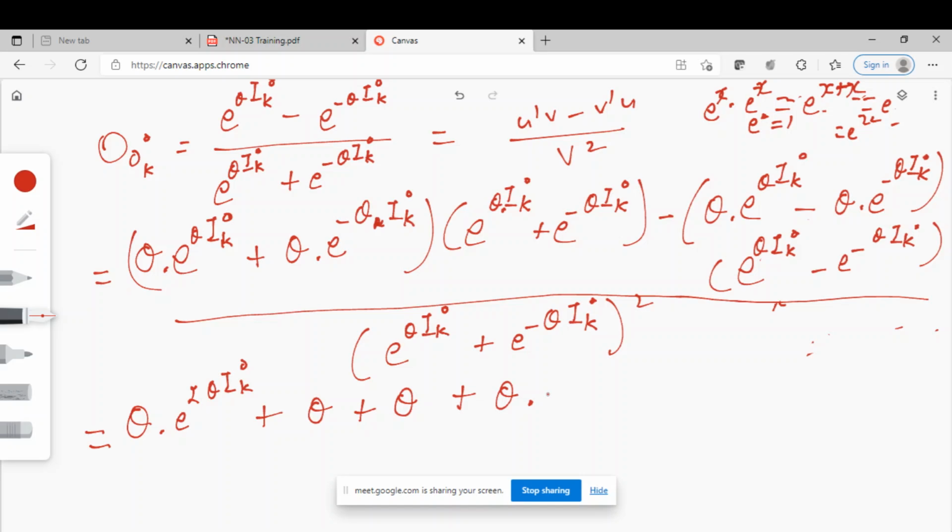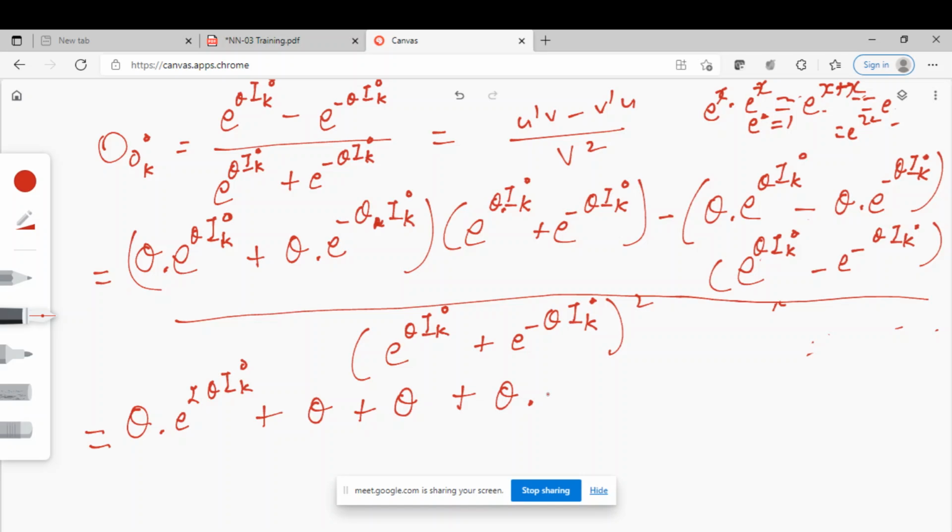Then the denominator part will be the same, so I'm not writing that. Now here you can see some of the terms will cancel out. This and this will cancel, right? This also will cancel out. Remaining, what you have is 4 theta by the denominator.